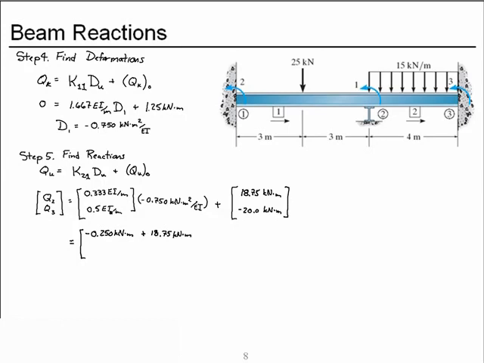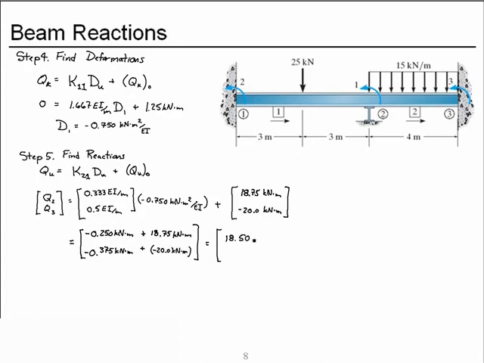Multiply these two, I get a negative 0.375 kilonewton meter, to which I add this fixed end force, the negative 20 kilonewton meter. We put each of these pairs of terms together.